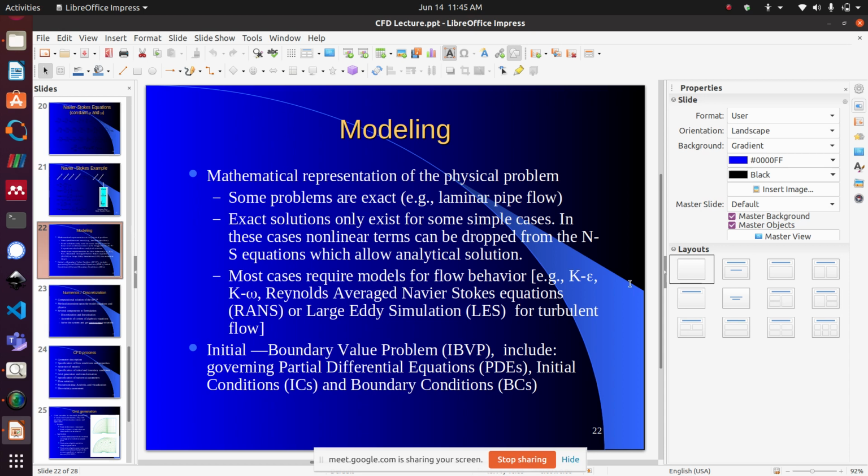I'm sure you have heard about these terms. So you have an initial boundary value problem, which is the general case. They include the partial differential equation, initial conditions, and boundary conditions. This completes the modeling of the flow problem. Modeling means you write down a partial differential equation along with initial conditions and boundary conditions.